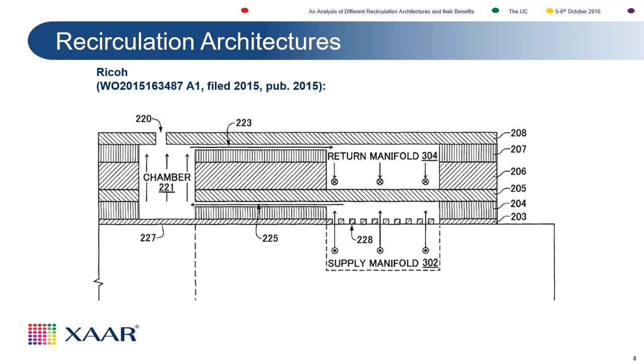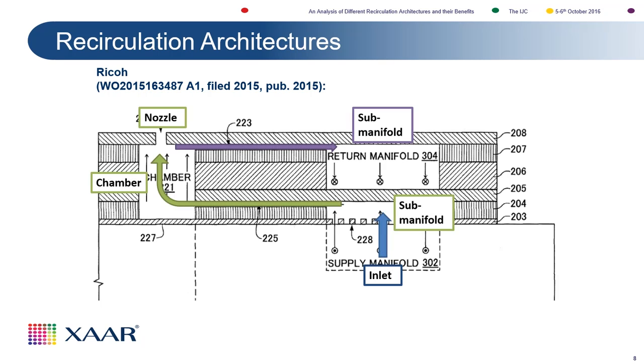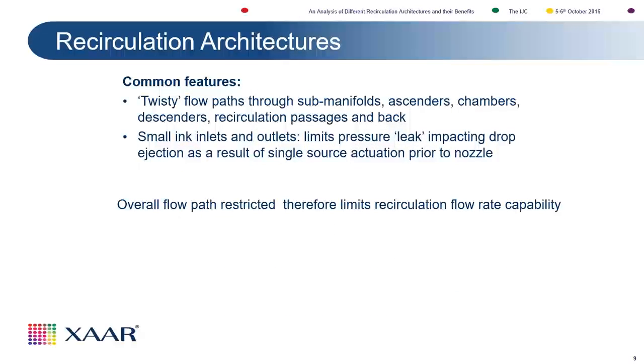So typically, they're always quite small inlets and outlets. But what that does is it restricts the flow path, and obviously restricts the rate at which you can recirculate the ink. So that's one of the things which we'll develop further.